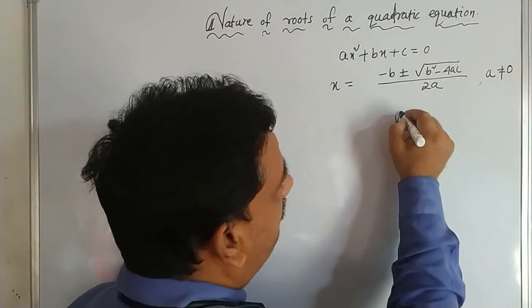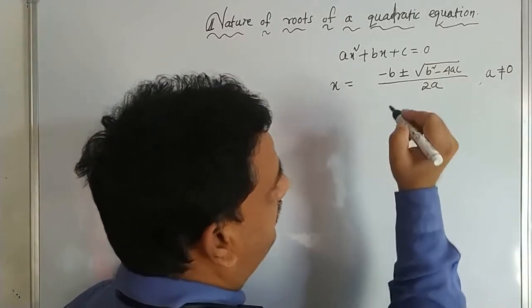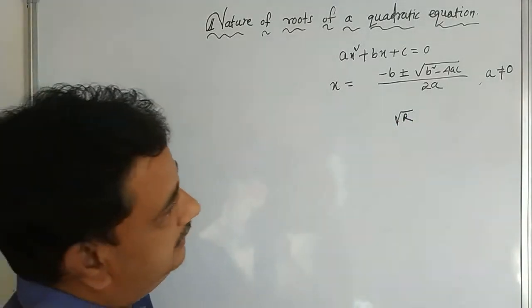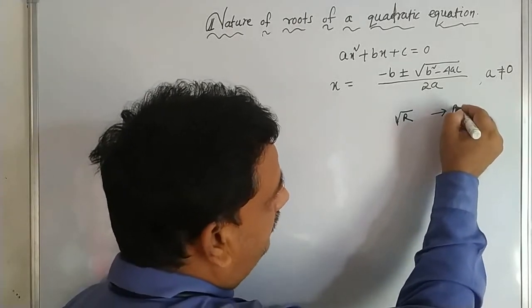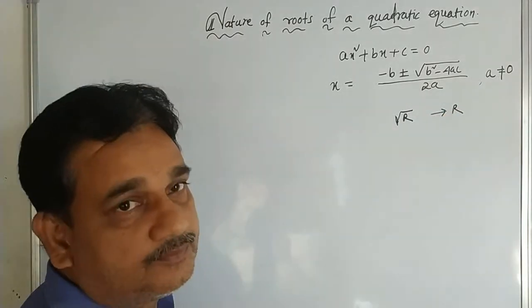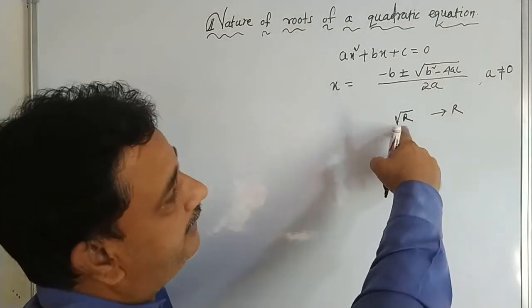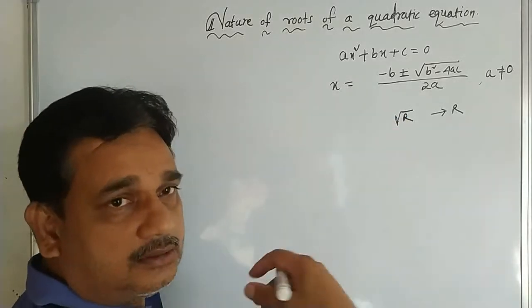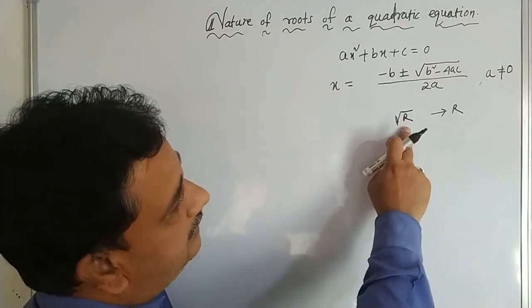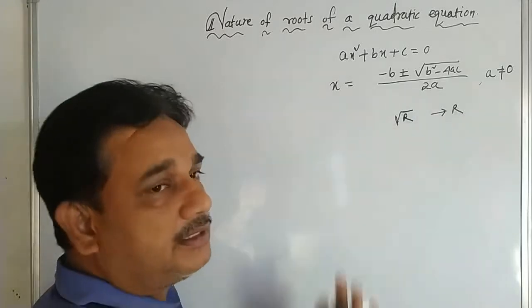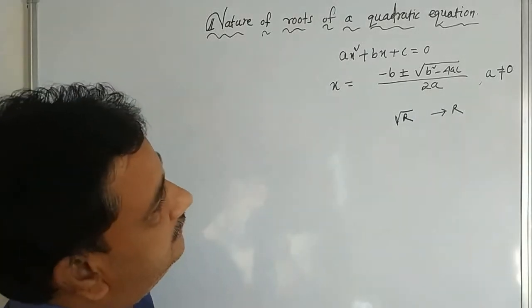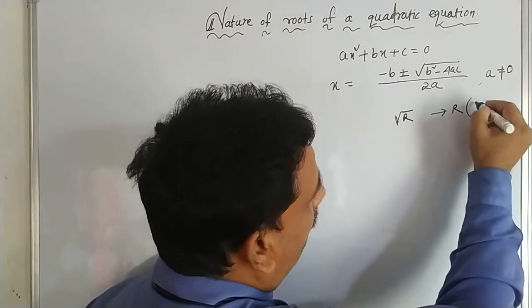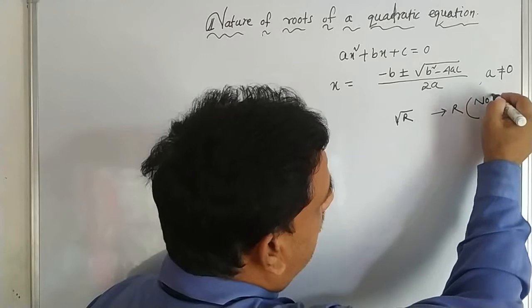You know the square root of any rational number, sorry, real number, whether it is rational or irrational, the square root of a real number is a real number, but this is not true always.